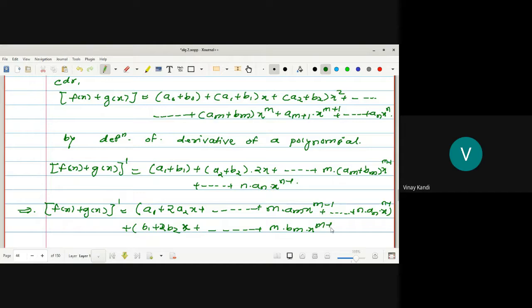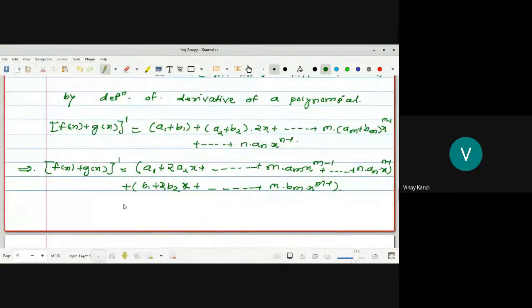Any doubts? So (f(x) plus g(x))' is equal to f'(x) plus g'(x).